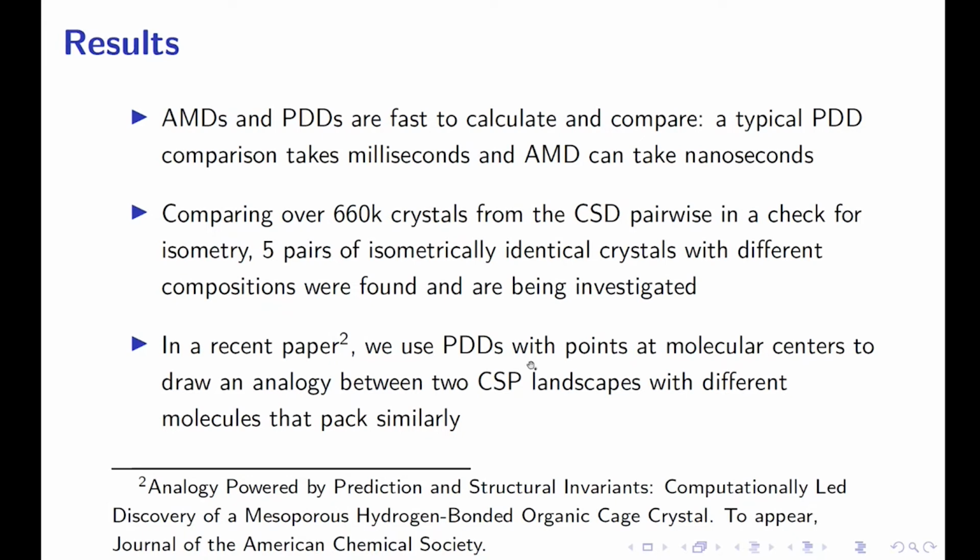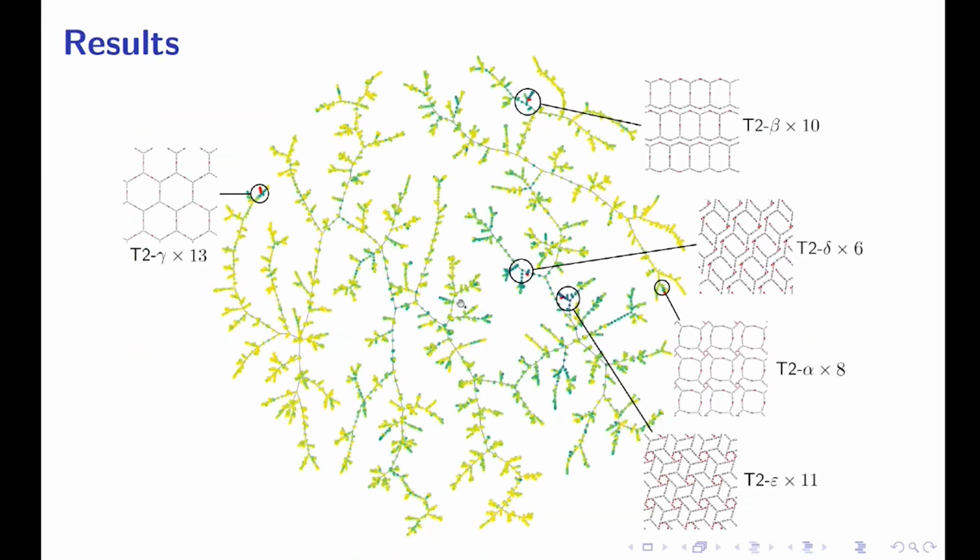But what we could see is that these molecules, one was T2, the tripod molecule, and the other one was similarly shaped, but they packed in similar ways. So we were able to put points in the center of the molecules and see an analogy between two landscapes.